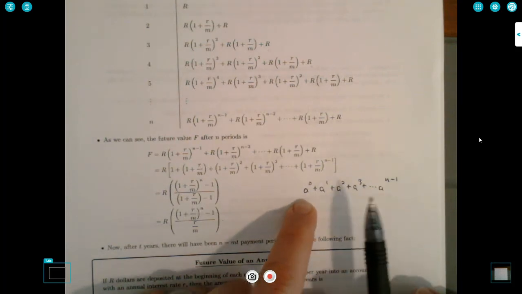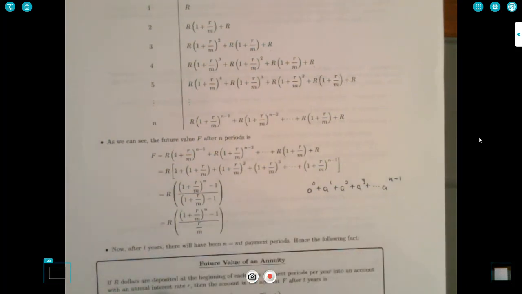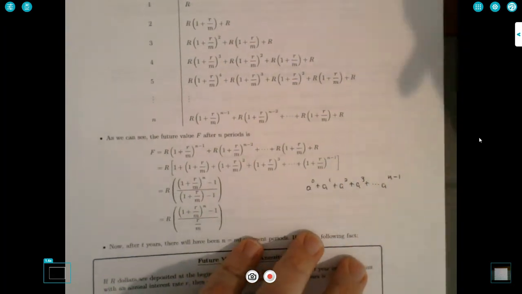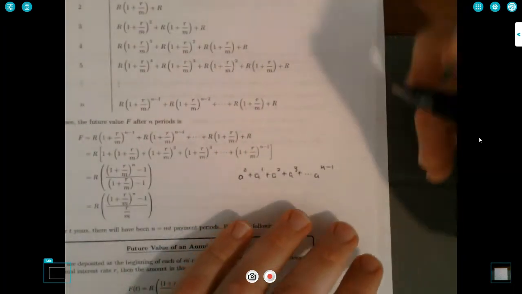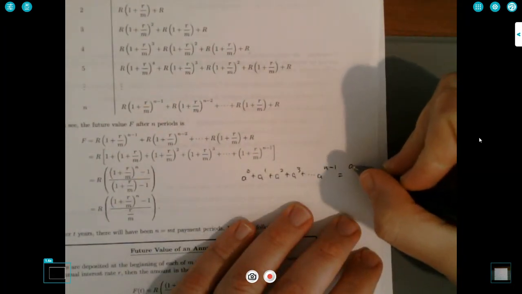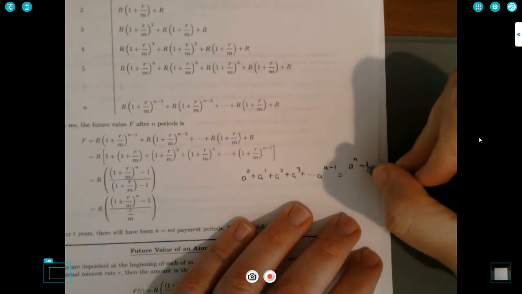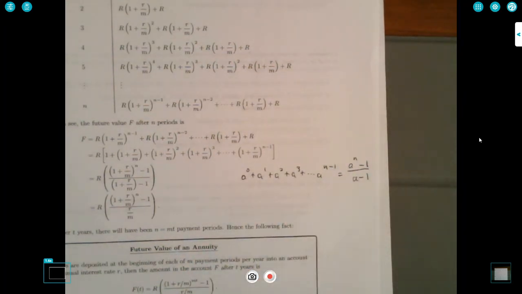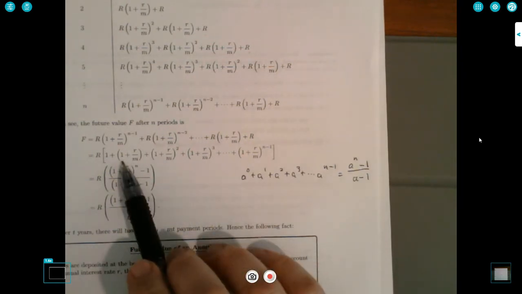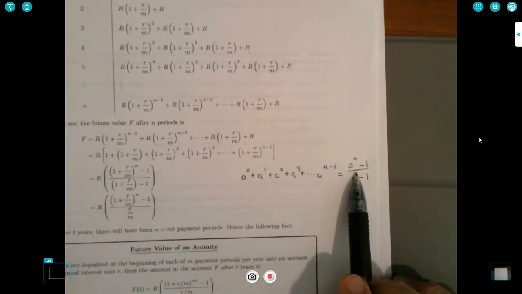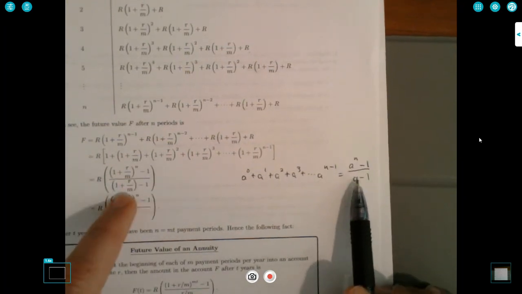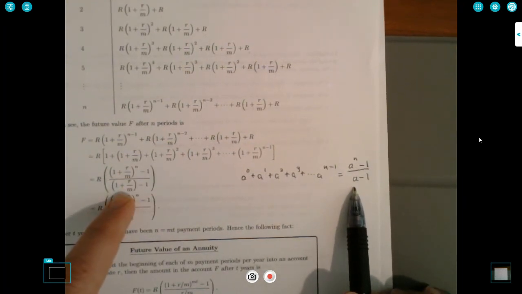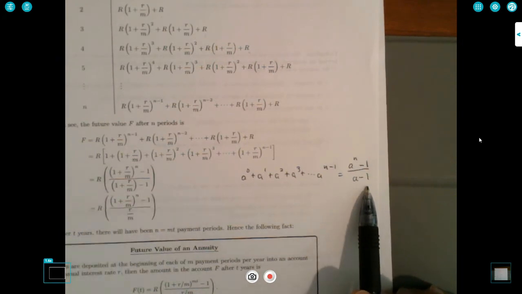And we happen to know how to add up the terms of a geometric series. We have a formula for that. It's (a to the n minus 1) over (a minus 1). In this case, a is 1 plus r over m. So if you take this formula, you get (1 plus r over m) to the n minus 1, divided by (1 plus r over m) minus 1.